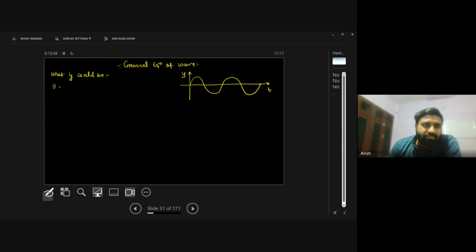First option is pressure. Second is density. Third is, let's say, electric field, and in respect to electric field, I will write voltage.